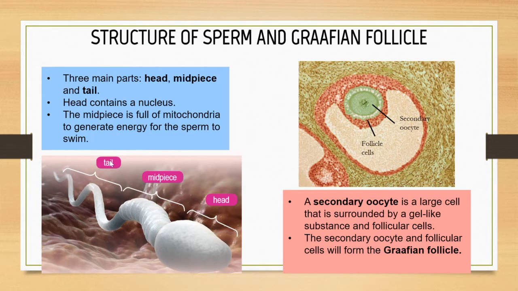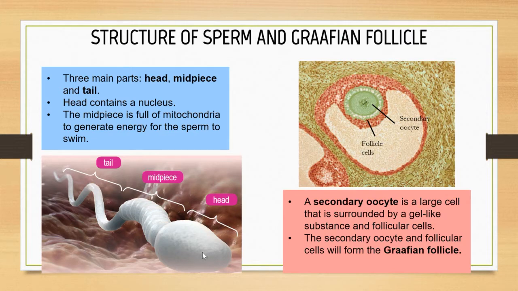Alright, so this is the structure of the sperm. There are three main parts of the sperm: this is the head, this is the midpiece, and this is the tail. The head contains the nucleus.